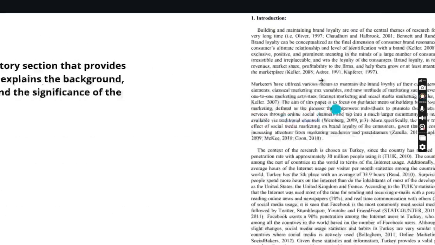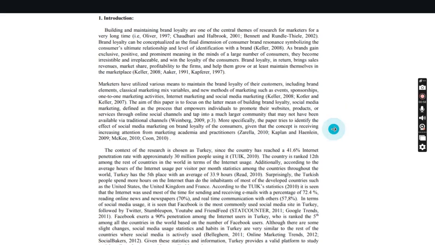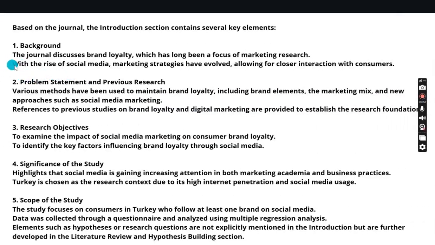For example, this is an introduction I found in a brand loyalty journal, and as you can see here, background. The background is that the journal discusses brand loyalty, which has long been a focus of marketing research.